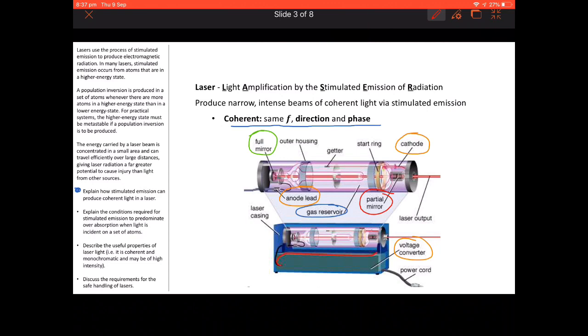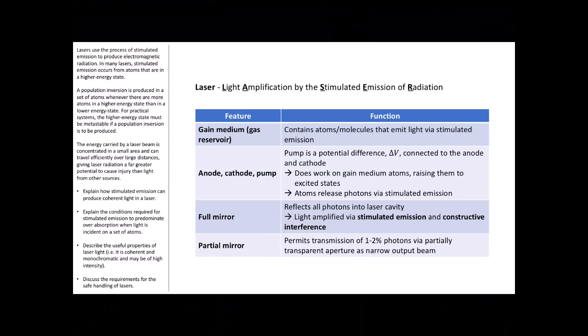But in the partial mirror there is a small aperture where the laser beam will come out of, and that's the 1 to 2% of photons that just happen to be hitting that particular part of the mirror, which is like an aperture or a gap in the reflective surface. In a couple of slides there's a diagram that ties this whole thing together, so we'll look at that in a moment. So that's everything that we've just gone through.